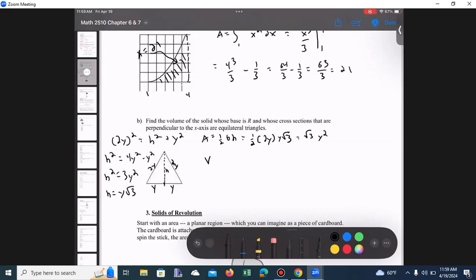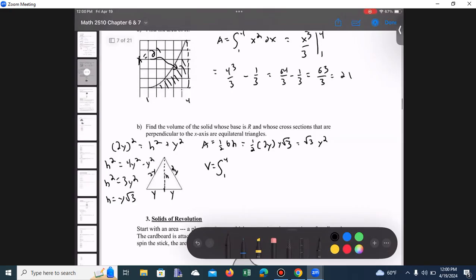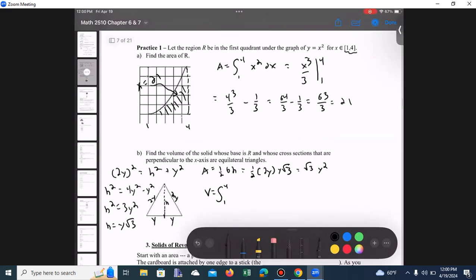Okay, so now we're going to integrate that volume from 1 to 4. We have to have this in terms of x. Now remember y squared is x, y is x squared, so y squared is x to the 4th. So the area is going to be square root of 3 x to the 4th dx.